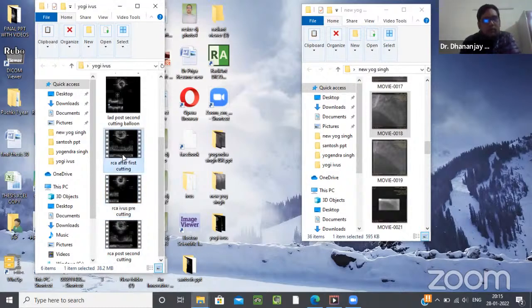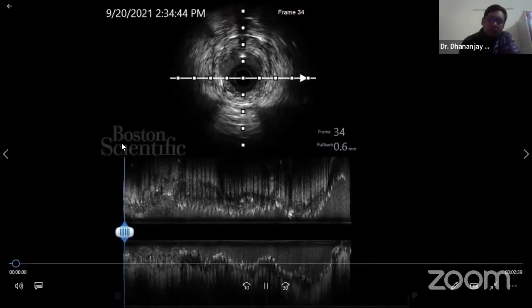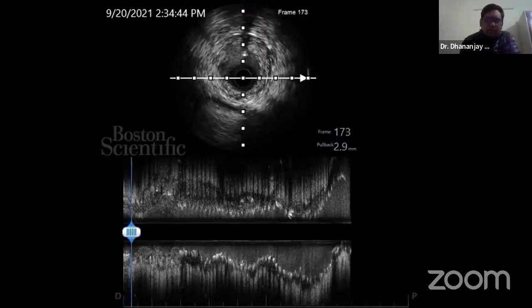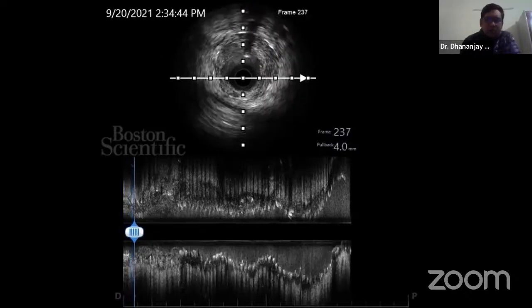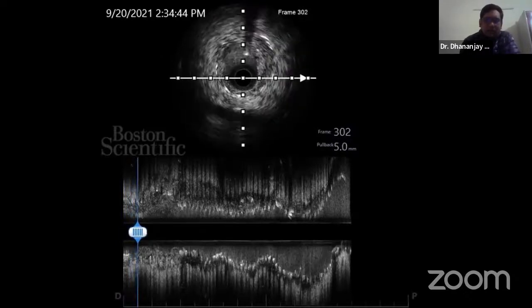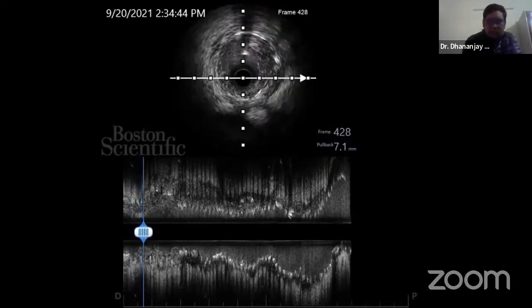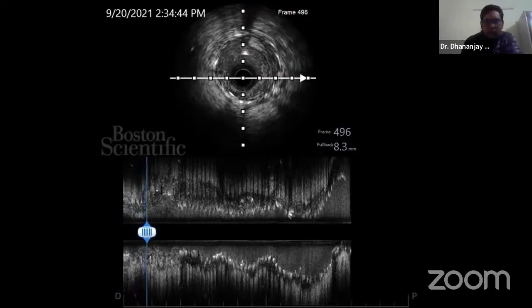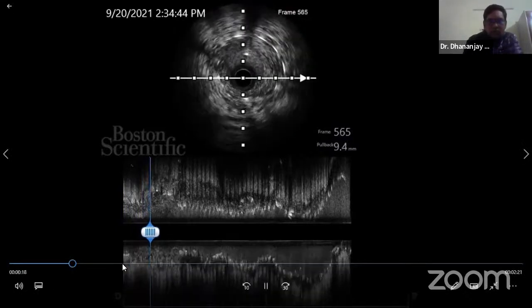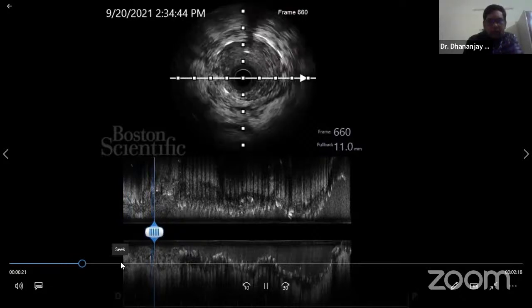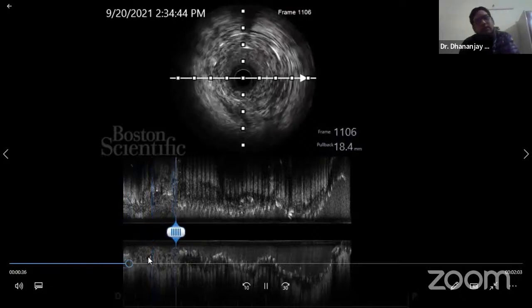This was the IVUS after the first balloon. In the distal portion, somehow the plaque has been compressed, but in the proximal end it was still there. The proximal end of the older stent was still critically stenosed.